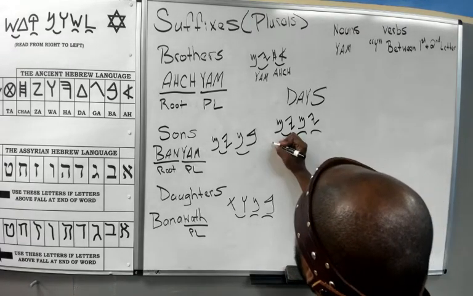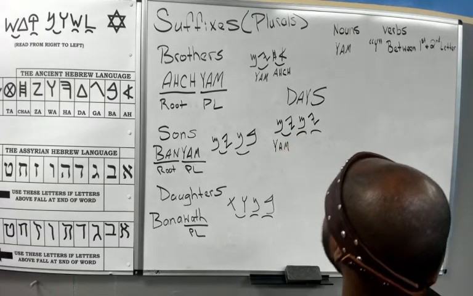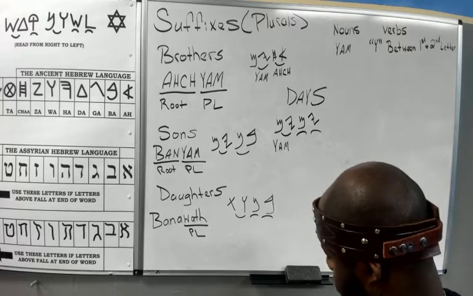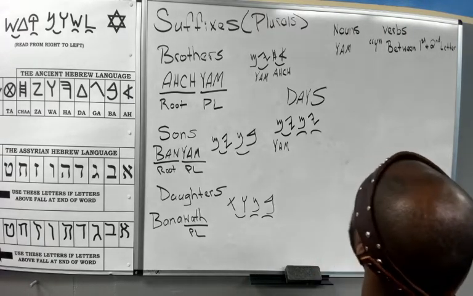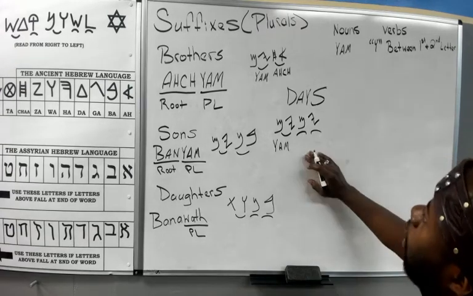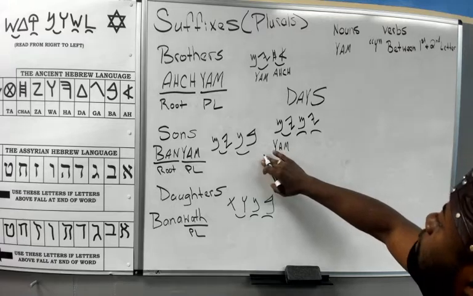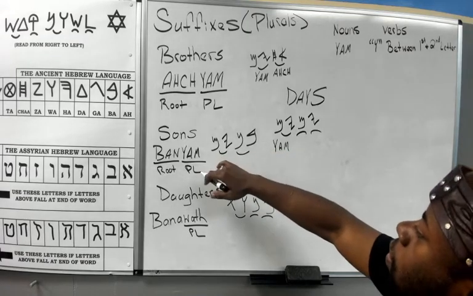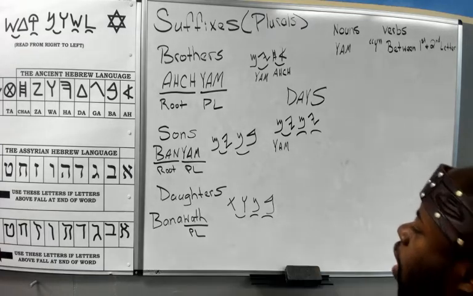And then, of course, yum is what's making it plural. So these are just some nouns that you can better see how they're made plural by taking a root word and then adding a yum at the end. Some that are feminine, you have to add the waf.